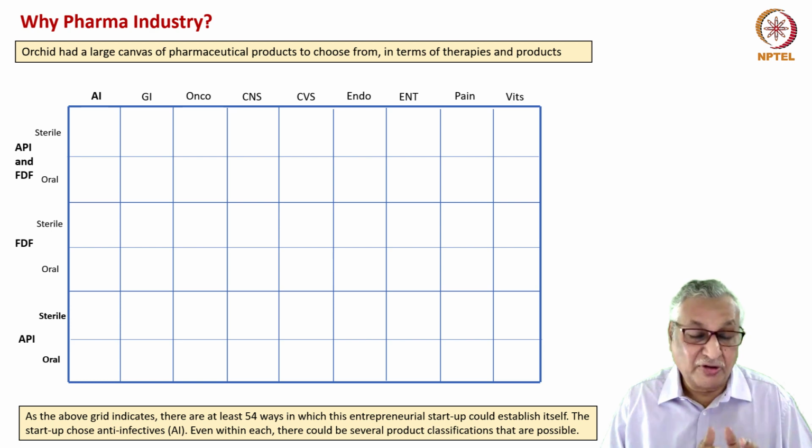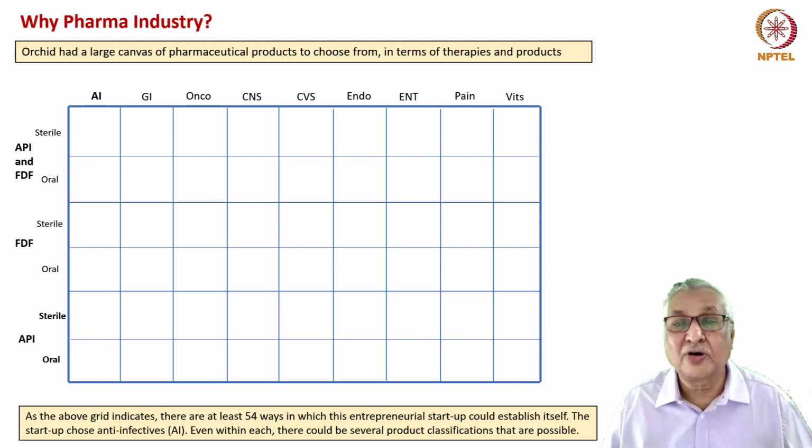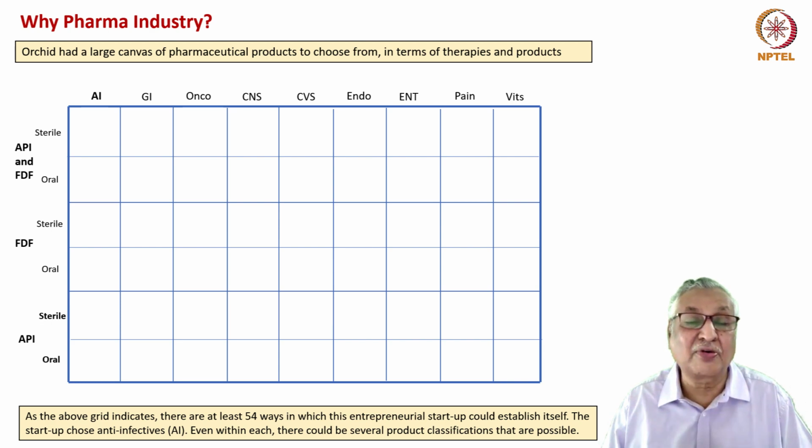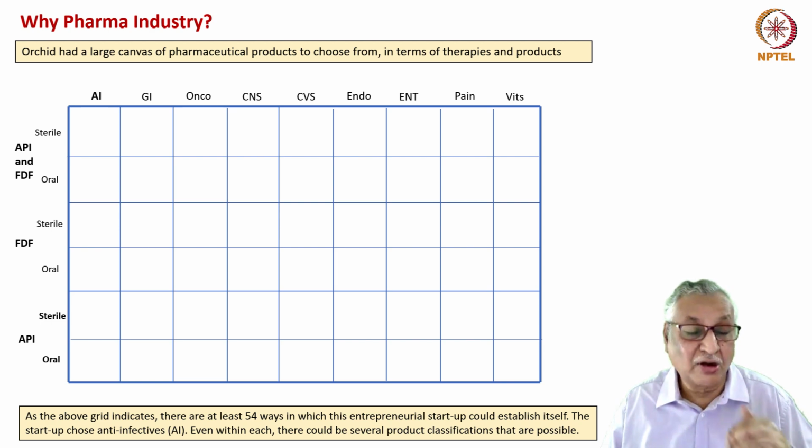Looking at this question further, Orchid had a large canvas of pharmaceutical products to choose from in terms of therapies and products. This is one of the reasons why pharmaceutical industry was taken up. As a startup, you cannot operate everywhere, but as a startup, you need something where the demand profile is strong and stable. So, when you look at these classifications, that is on the y-axis API, finished dosage form, and together that is API as well as finished dosage form.